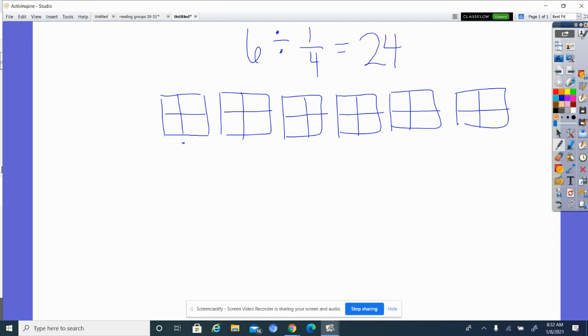Okay. Now we spent the whole last module modeling, right? How many feel like they could model this and they understand why 6 divided by 1/4 equals 24? Okay? How many feel like, okay, I understand the concept, now let's learn the algorithm?